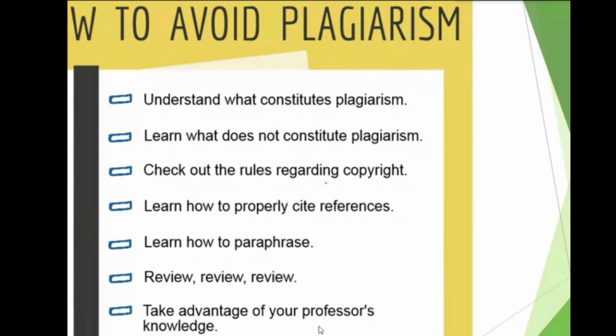Check out the rules regarding copyright, learn how to properly cite references and how to paraphrase, and review to make sure that nothing is taken from others. Take advantage of your professor's knowledge: give the document to others, ask them to read it, and make sure that nothing is copied.